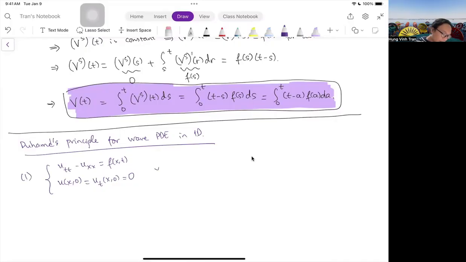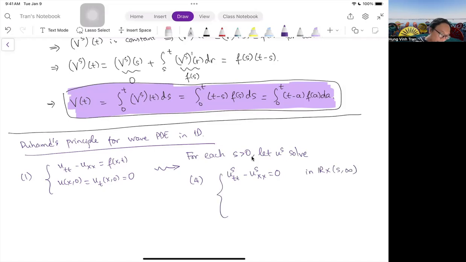Okay, so the corresponding problem that I'm considering for the Duhamel principle is that for each s greater than 0, let us solve the equation, let me call it (4), u^s_tt minus u^s_xx equals 0. That's just a homogeneous wave equation on R times time from s to infinity.